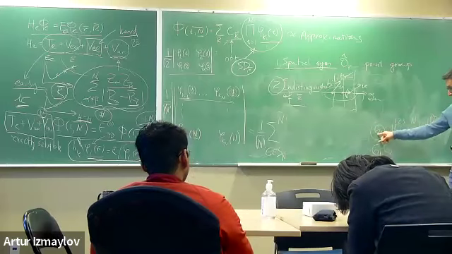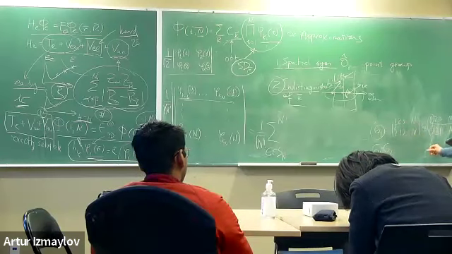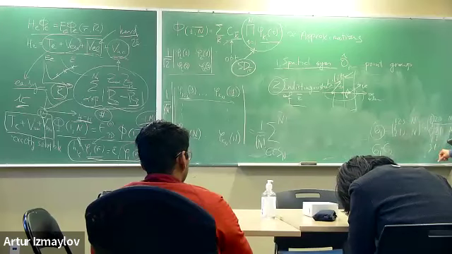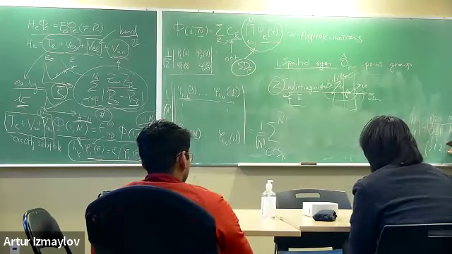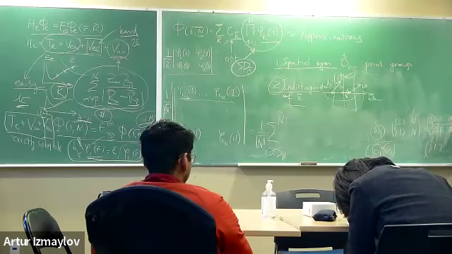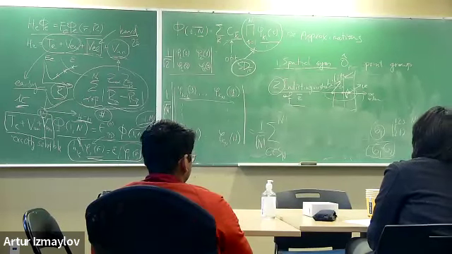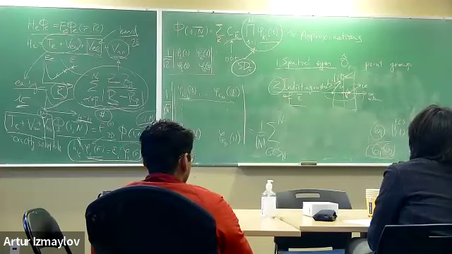After that, you apply sigma 1: 3 goes to 3, 2 goes to 1, and 1 goes to 2. So this is a permutation where if you start with 1, 2, 3, you go to 3, 1, 2. You can simply apply them one after another.